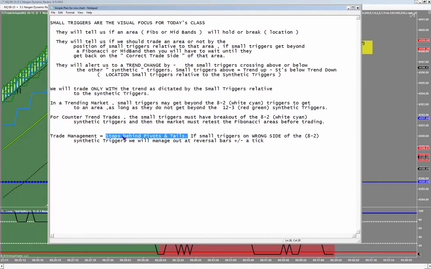Two choices. You trail it behind the stops and the pivots, or the pivots and the tails, excuse me. And if the small triggers are on the wrong side of the 8-2, take your money, take your money, take your money. So does everybody understand the rules?